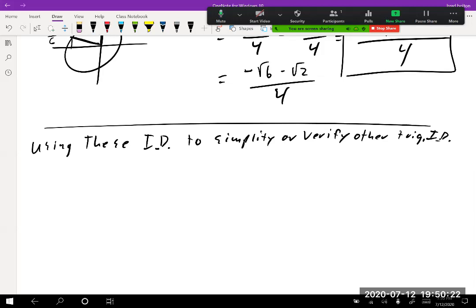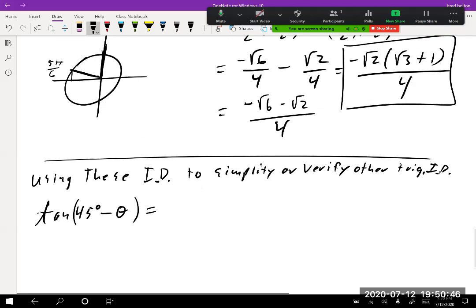So one of the things we can do is, what if I had tangent of 45 degrees minus theta? I could use this to rewrite it with no angles and only theta by using the sum or difference formula for tangent.